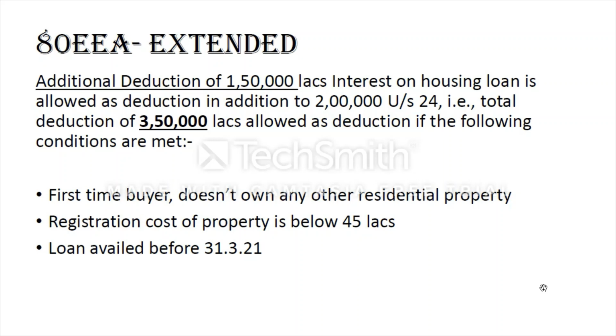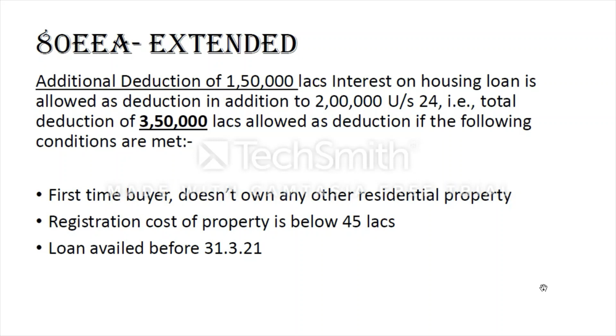If self-occupied property, it is 2 lakhs, and if a person has let out that property, then there is no limit on interest on housing loan. Now, an additional deduction of 1,50,000 is allowed over and above the 2 lakhs. That is, a total deduction of 3,50,000 is allowed as deduction if certain conditions are met.